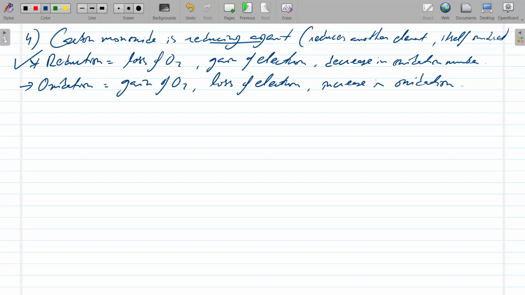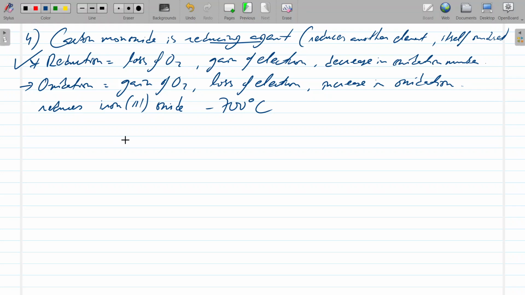Okay, and so carbon monoxide is going to reduce the iron 3 oxide. This is happening at a very high temperature, 700 degrees centigrade. What does that reaction look like?